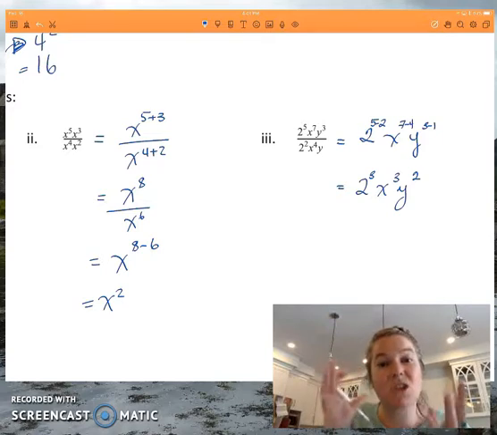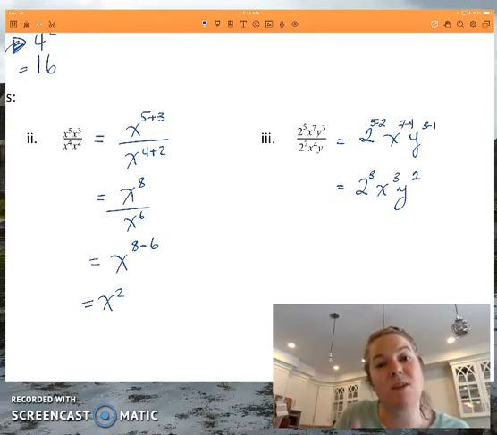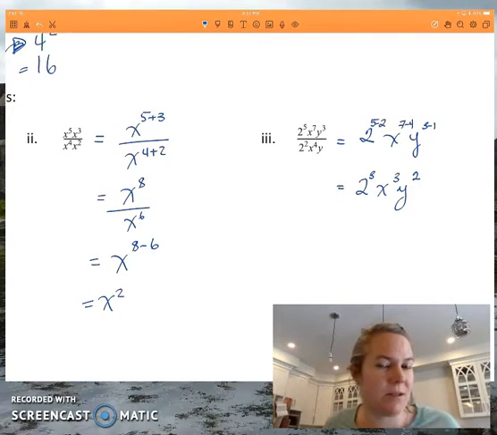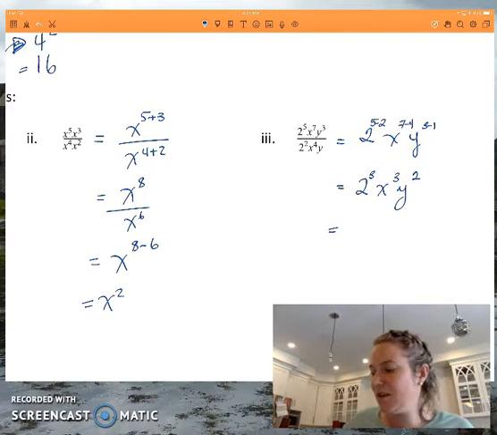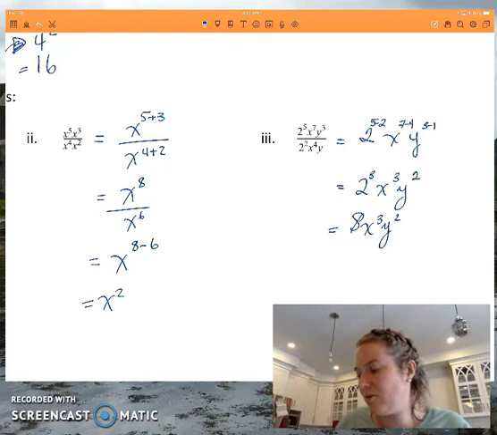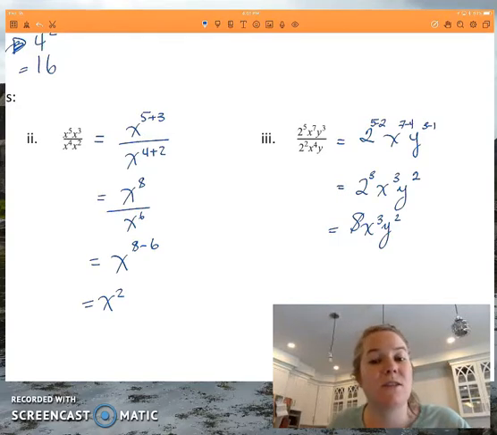That base 2 needs to be evaluated all the way to its numerical ending. To fully simplify, you are going to evaluate any of your integer bases. 2 to the exponent 3 is 8. x cubed doesn't change. y to the 2 doesn't change. So the final answer is 8x cubed y squared.